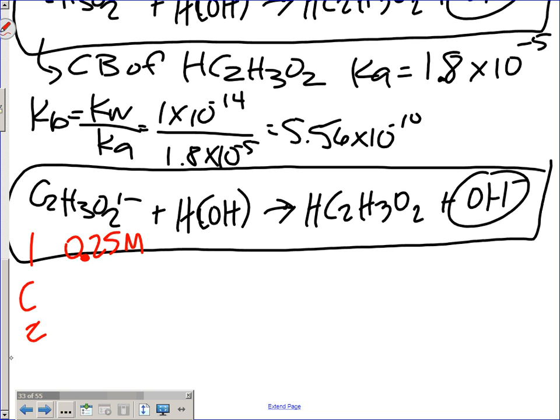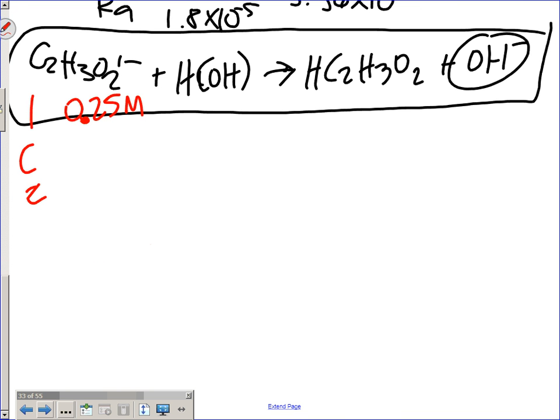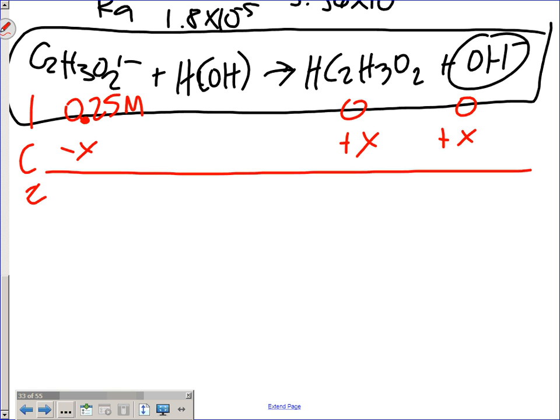Oh, Levi, you have a pH? Solve. And I'm doing the full-out ICE box. You guys know you can just do the E at this point because it's still addition and subtraction. I think you've got that.